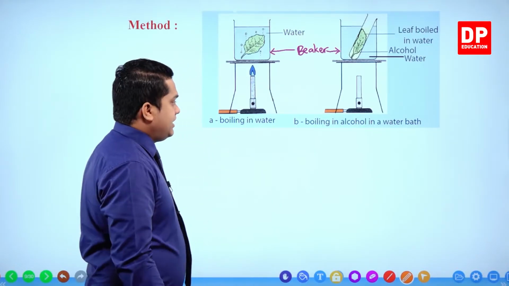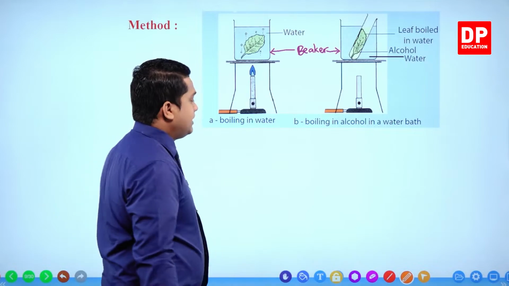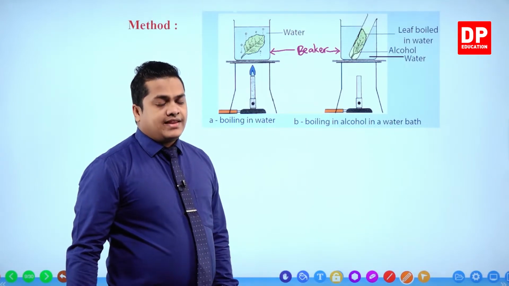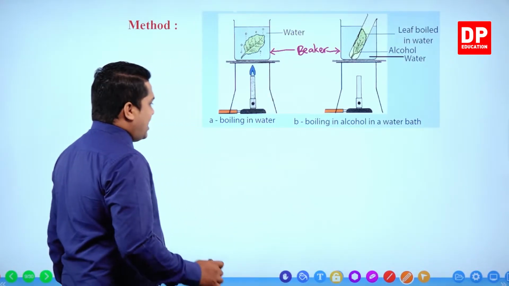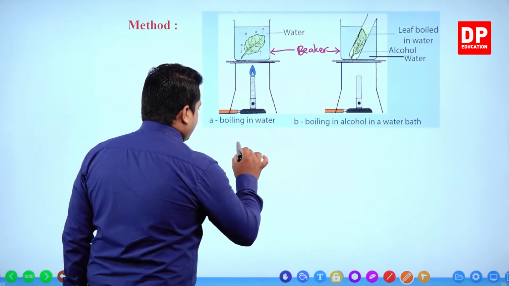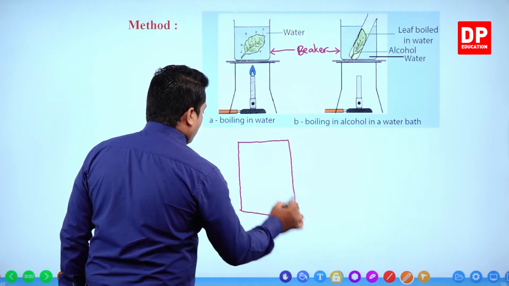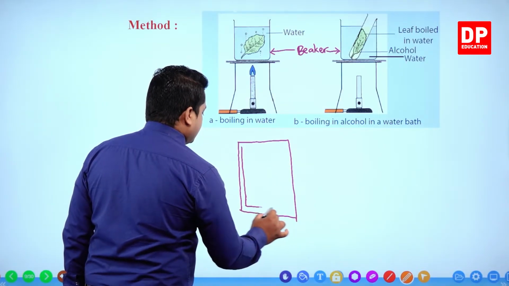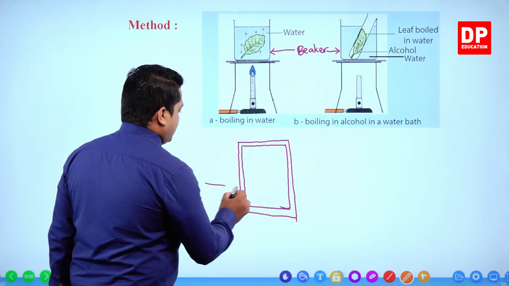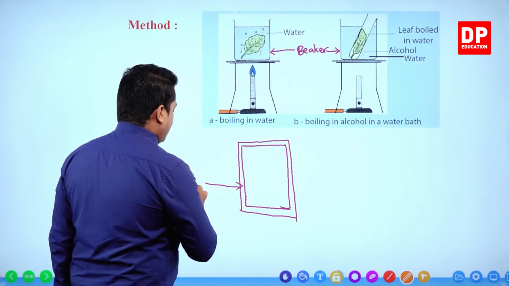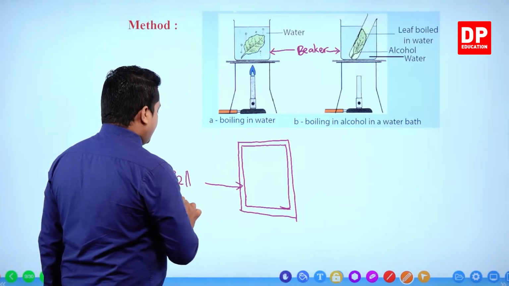In a plant leaf, you know that there are cells. In a plant cell, my dear children, there is a special structure called the cell wall. If this is a plant leaf cell, then this is what is called the cell wall.